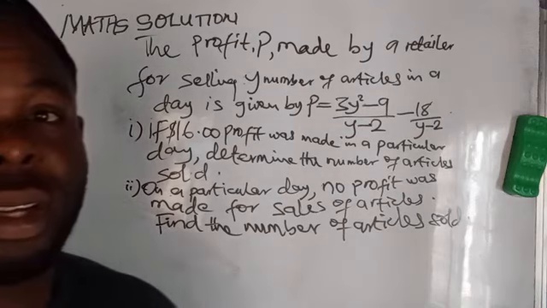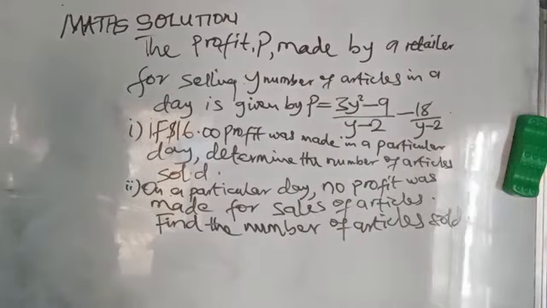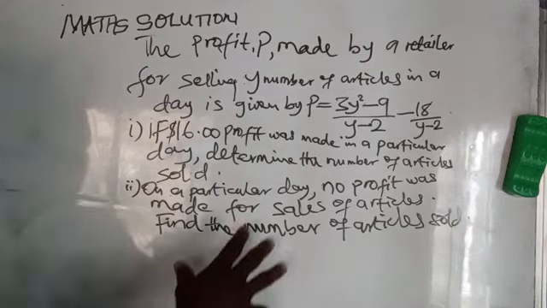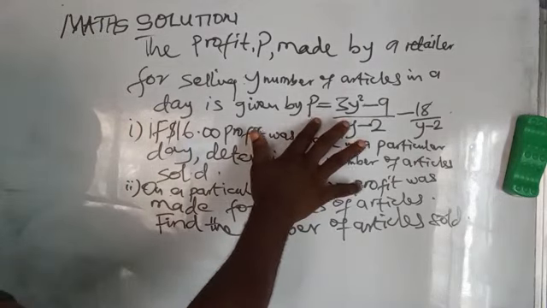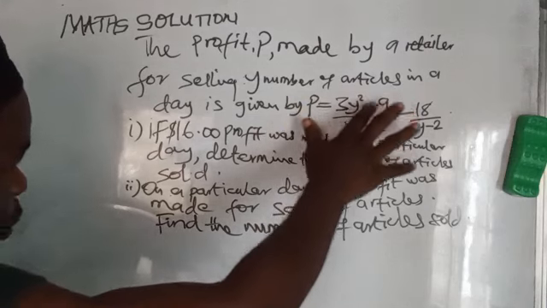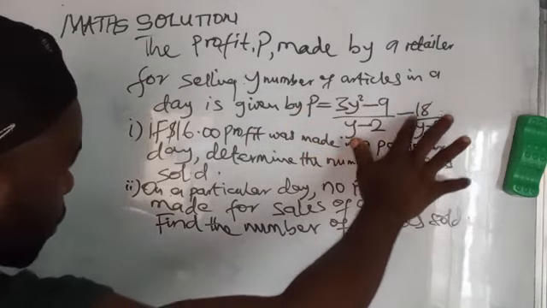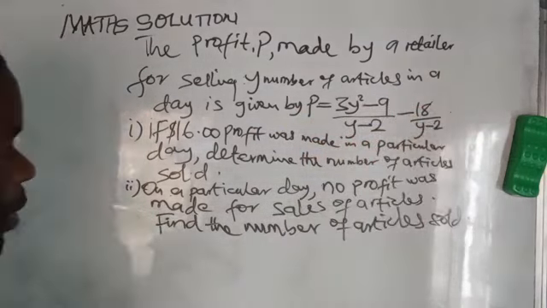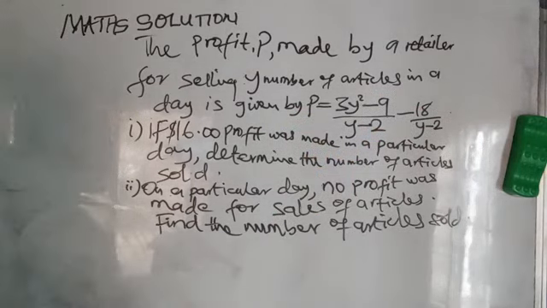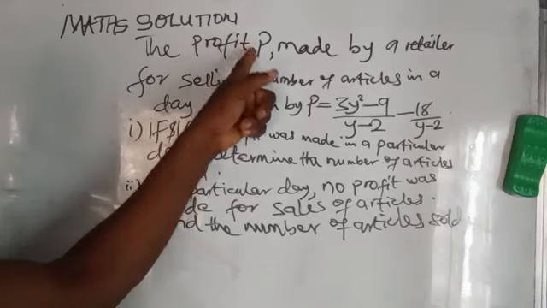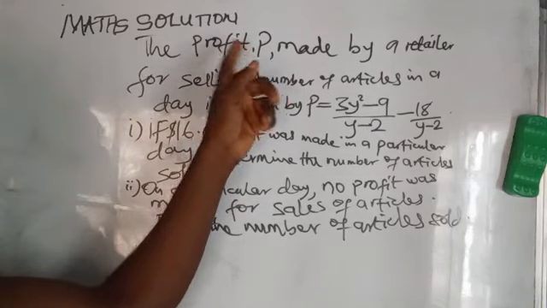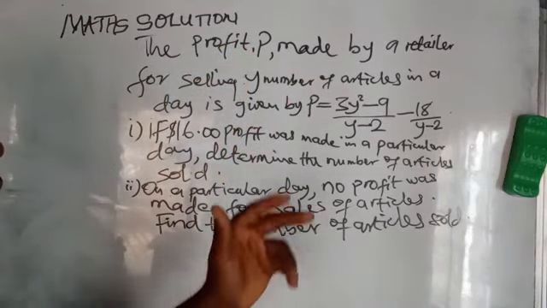In this kind of problem, our area of interest is this: P equal to (3y² minus 9) all over (y minus 2) minus 18 all over (y minus 2). Remember that P is the profit made. Is that clear, guys?